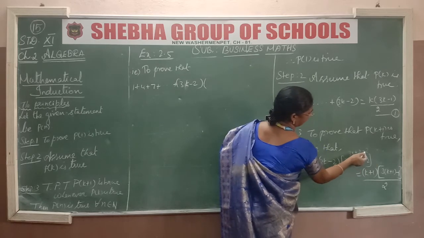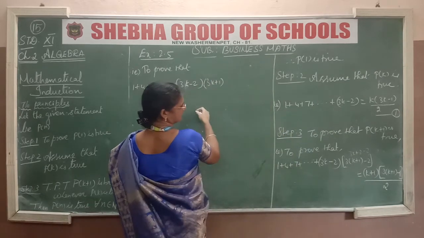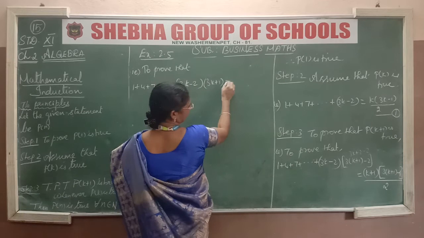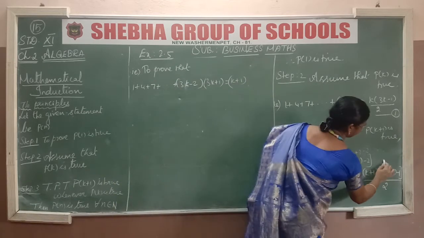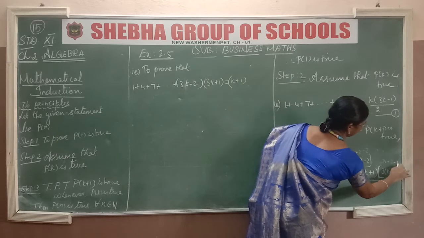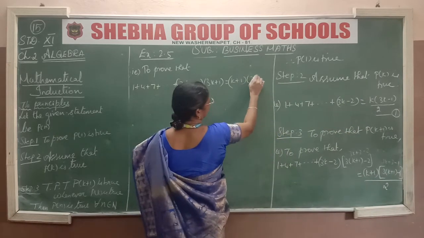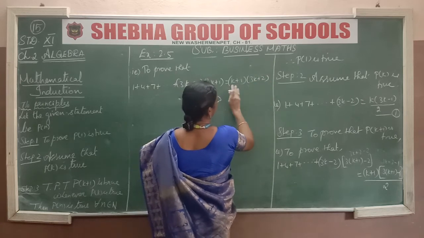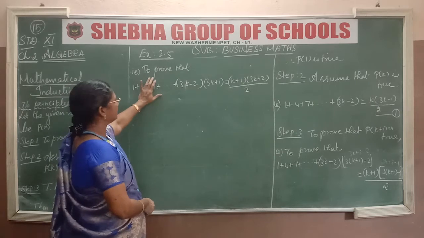So 3k plus 1, isn't it? Which is equal to k plus 1 into, here also 3k plus 3 minus 1, 3k plus 2, by 2. So we have to prove that this equals this.